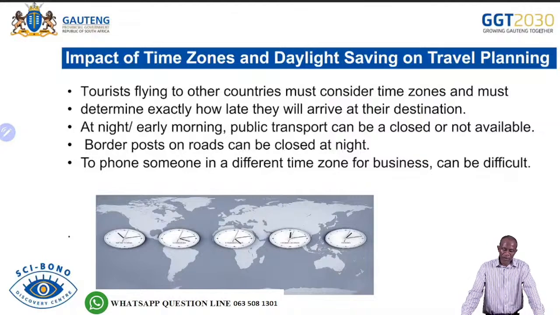As we move ahead with our slide, we are going to look at how time zones and daylight saving impact travel planning. The first impact of time zones and daylight saving on travel planning is that tourists flying to other countries must consider time zones and must determine exactly how late they will arrive at their destination.